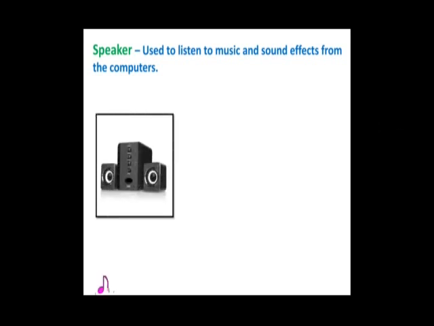In the same way, there are many other types of speakers also. Let's check. The first one is the basic one, where there is a woofer and two speakers, so you can attach it to the computer and enjoy music or videos which have sound.